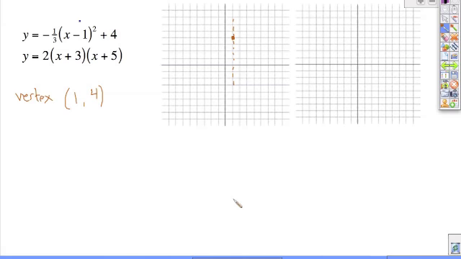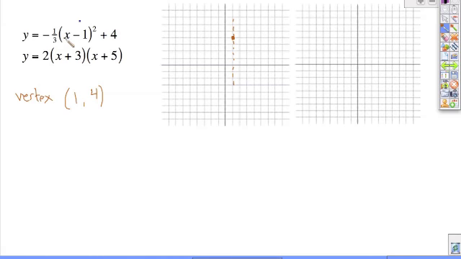And to find that, if we had a graphic device with us, a graphing calculator, we could plug in the equation, look at the table, find a bunch of points. But if we don't have one, it's easy enough to pick values for x.